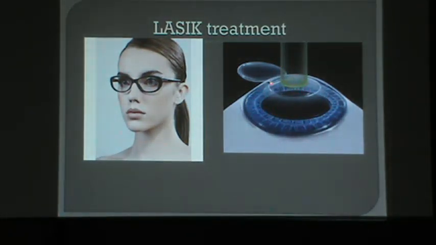We remove an anterior flap, a small flap in the cornea, around 150 microns, and this corneal bed is treated by excimer laser and it is reshaped. Once it's reshaped, the refraction becomes less. So it's as simple as this. If a steeper cornea becomes flatter after treatment, your refraction becomes less and you get rid of your glasses.